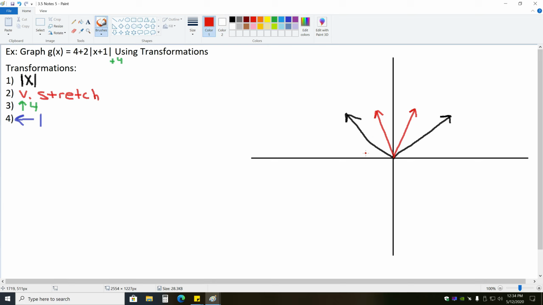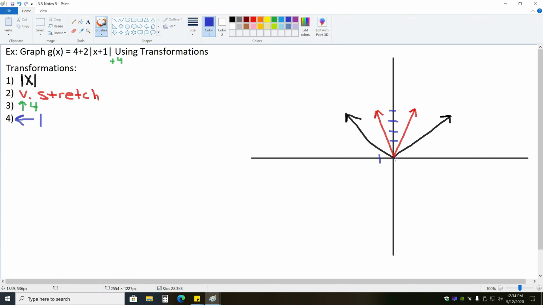And from here, it's being shifted up 4 and left 1. So I'm going to show you that you can do these two steps in one if you prefer in this example. So we're going to shift up 4 and left 1.